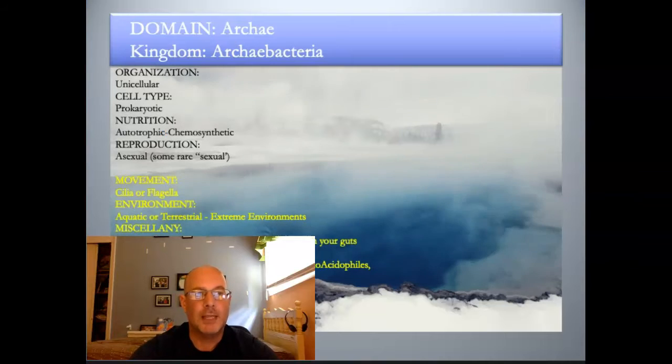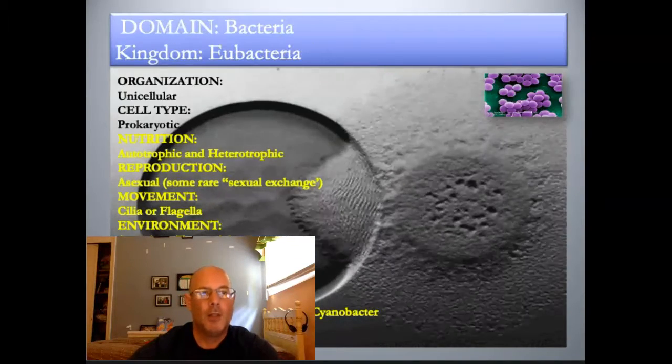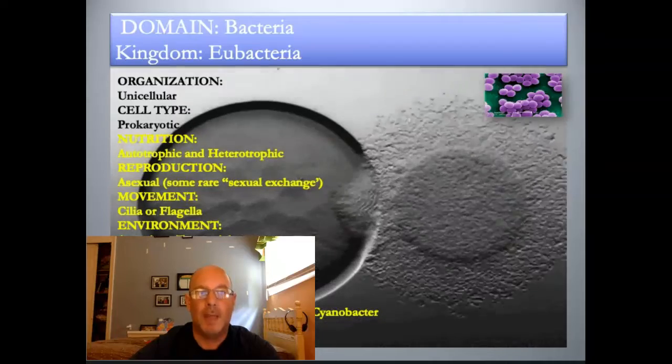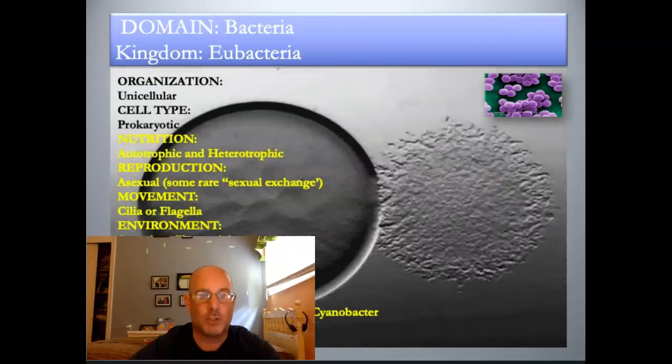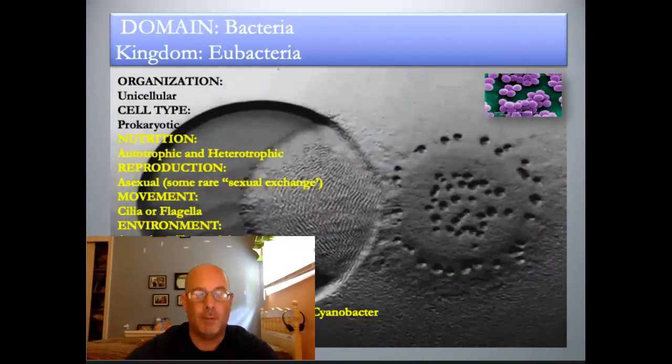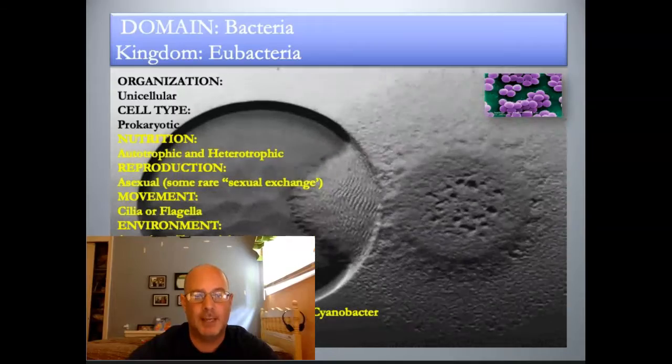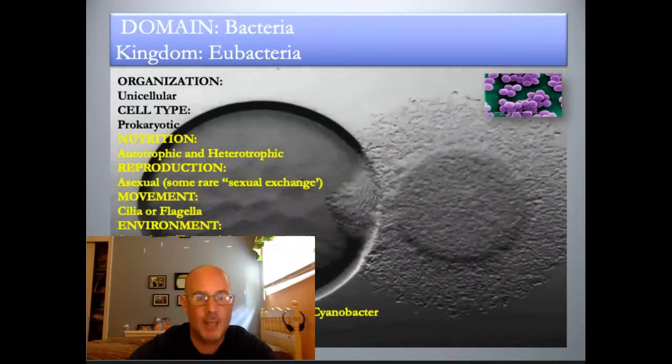Okay, so the Archaea domain is going to be archaebacteria. Those are going to be bacteria that are found in really wild environments, like thermal heat vents and geysers, and places underground. They're relatively rare. The domain Bacteria or Eubacteria are just the regular old bacteria that we usually see in and around us, the things that make us sick.